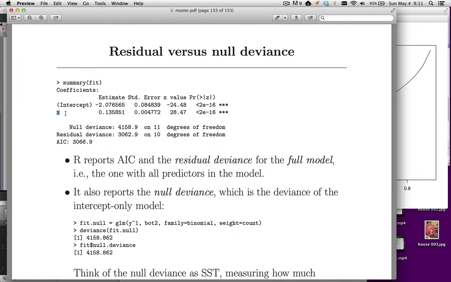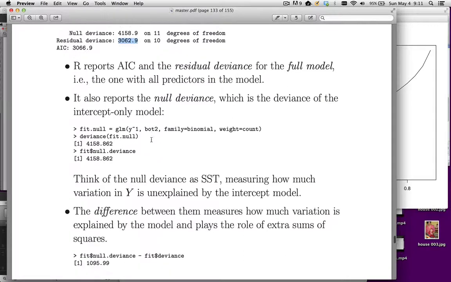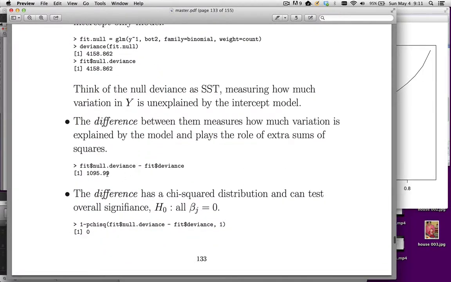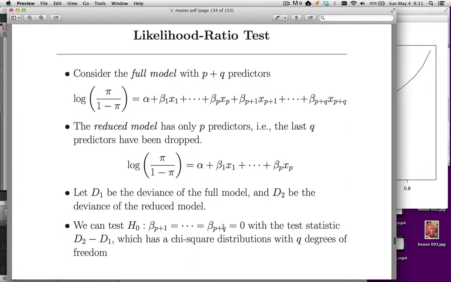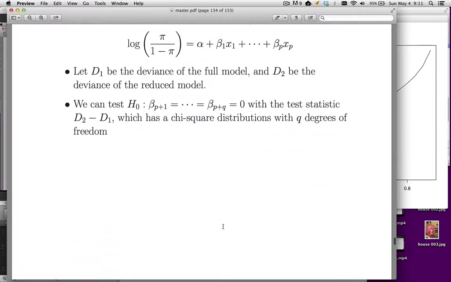In the reduced model, all we have is the intercept, so the deviance of the reduced model is the null deviance. This is the deviance of the full model. What is the difference in the degrees of freedom? Well, 1 degree of freedom has been deleted, and that's why this difference has a chi-square distribution with 1 degree of freedom.